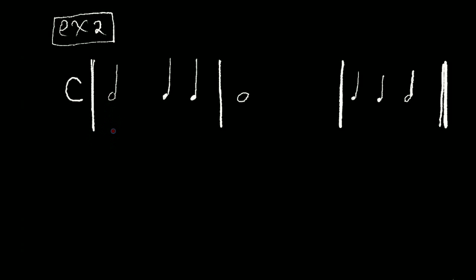Okay, so we've got our rhythm down here. And this half note is going to happen on beat 1. It's the first beat of the piece. So we're going to write down beat 1. Now remember from our other example, where should we put beat 2 after a half note?